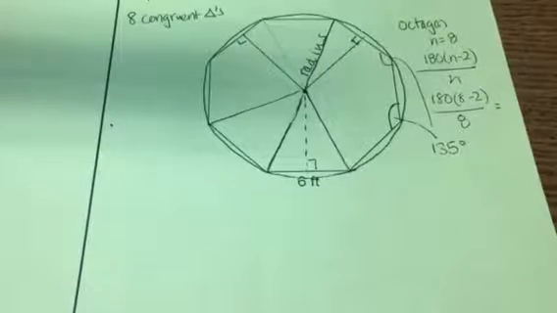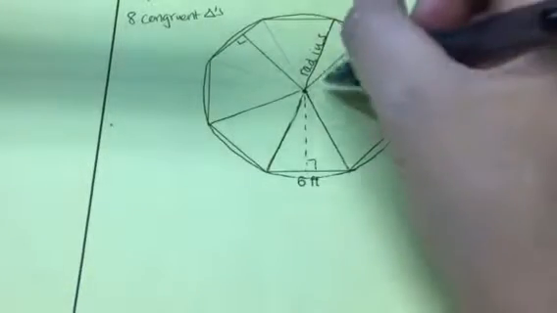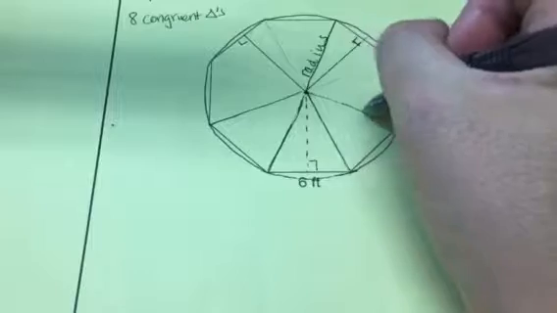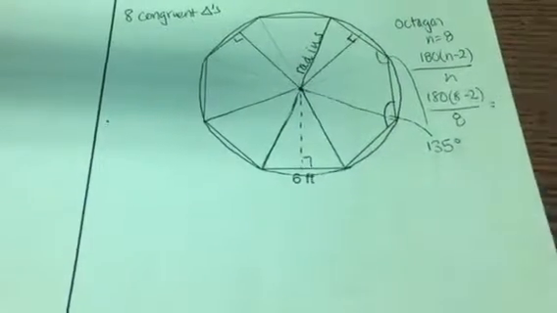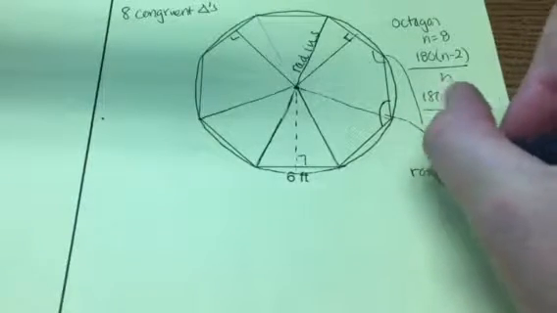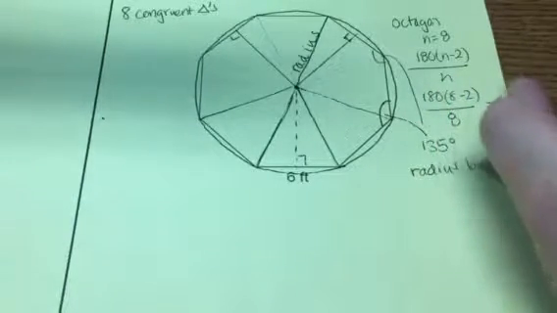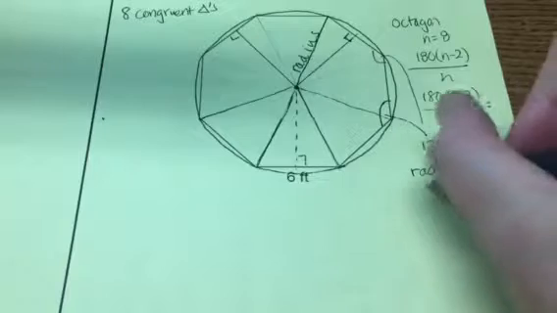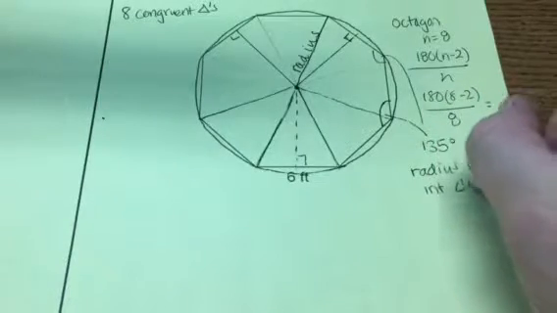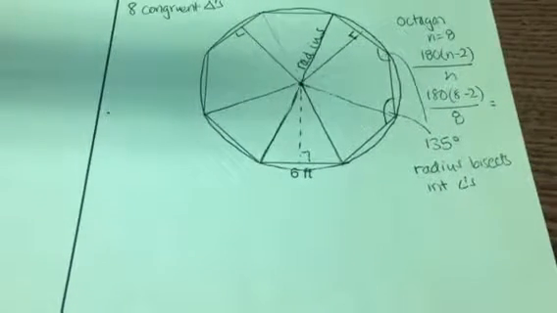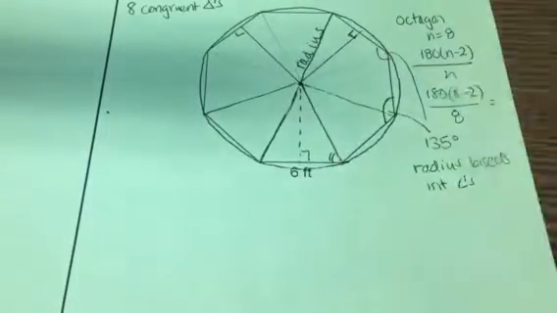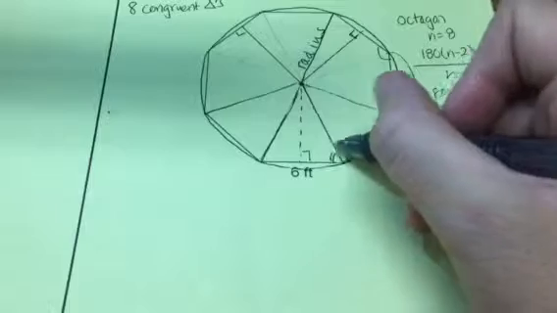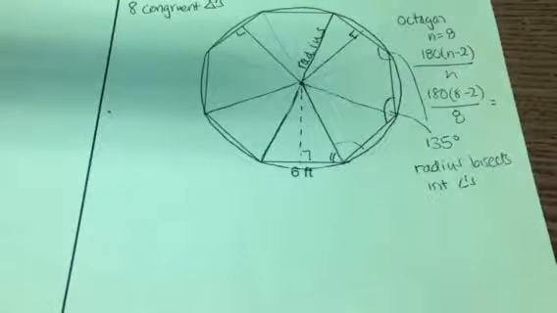So then when we draw in the radii though, the radius is going to bisect that angle. So radius bisects interior angles. So if I want to know this smaller angle here, it's just going to be half of 135.